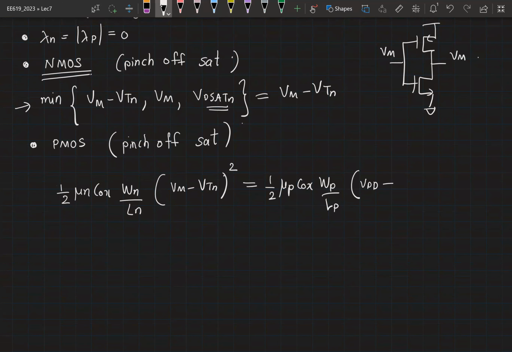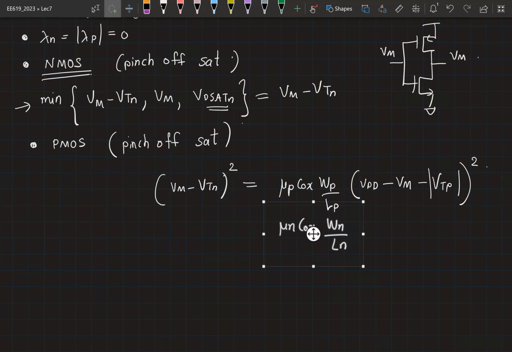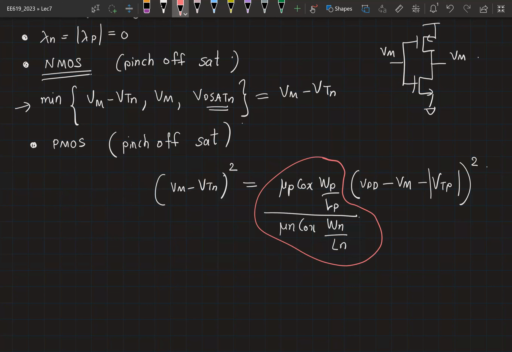VDD minus VM, minus mod VTP, the whole squared. We'll do quick simplifications. Half and half will get cancelled. I'll take this quantity to the RHS and we call the whole thing, instead of calling it R, to make the calculation easier, I'm going to call it R squared. Now can you solve and tell me the value for VM?